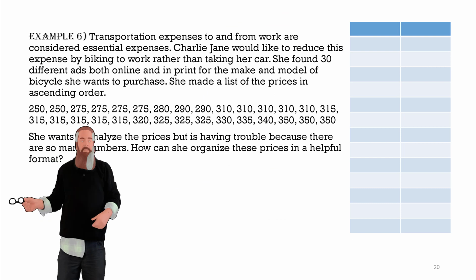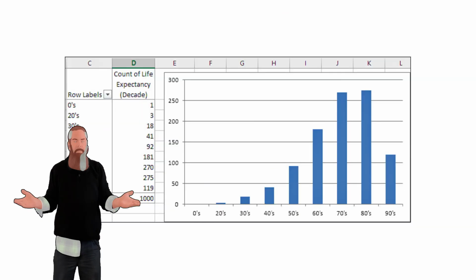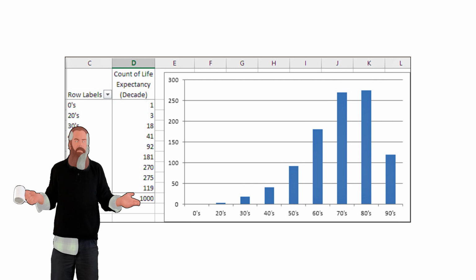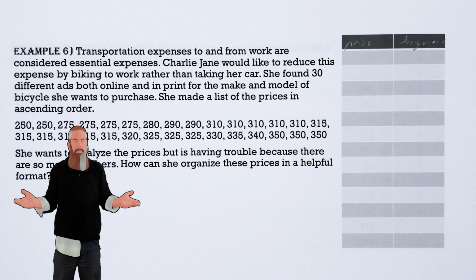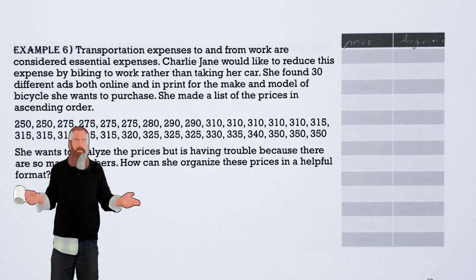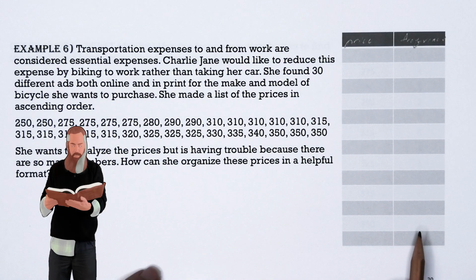Charlie can set up a frequency distribution. A frequency distribution is a table that displays each value and its frequency, the number of times the value appears. This table to the right lists the price in the column and the number of times the price appears.